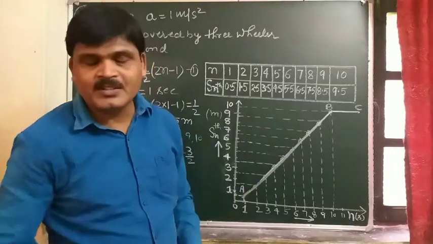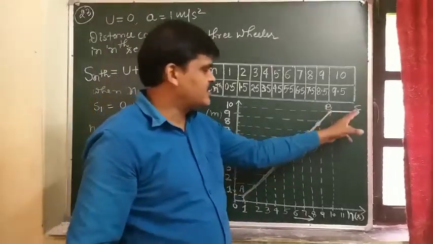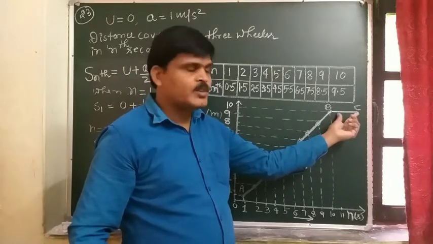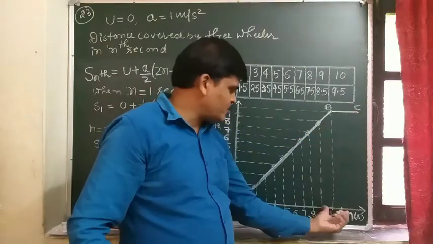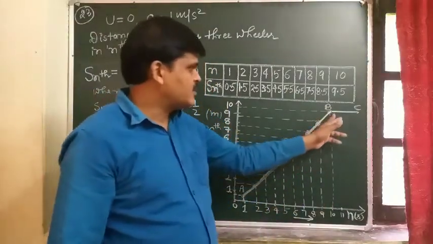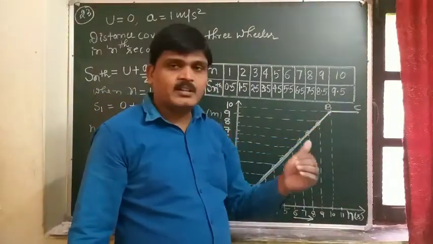And after this, the three-wheeler moves with a uniform speed, parallel to the time axis. And with what speed does this three-wheeler travel after 10 seconds?